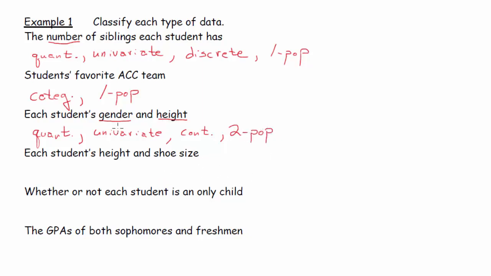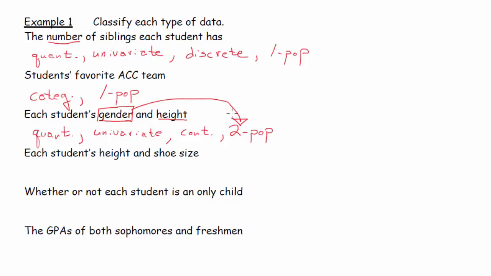So I have the heights for my women and the heights for my men. That one was a little tougher because just looking at it as is, you want to think this is categorical, whereas height is quantitative. But we're going to use gender, this category, to separate into two populations, male and female.